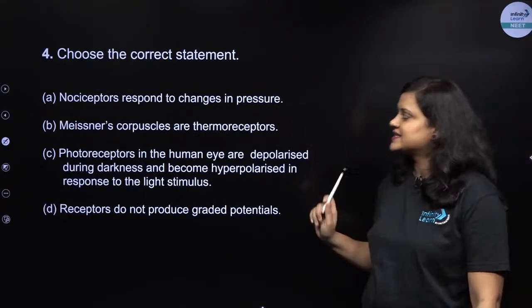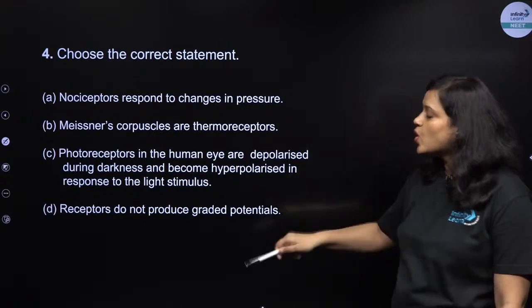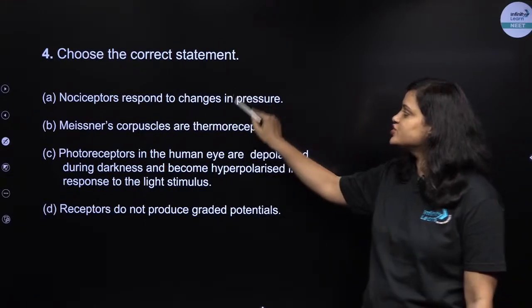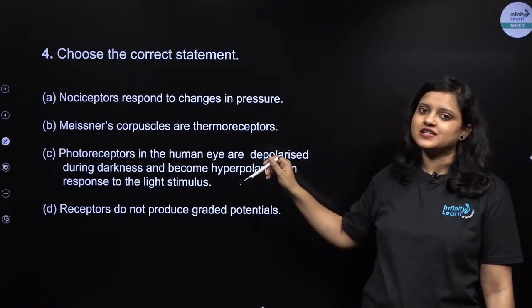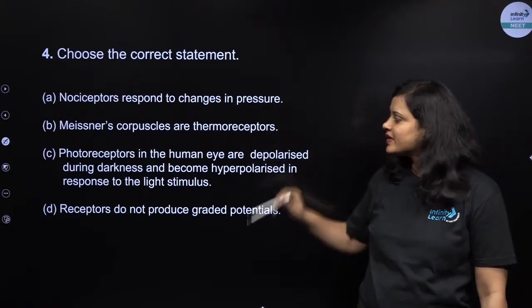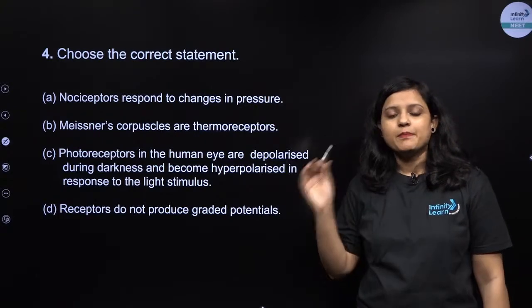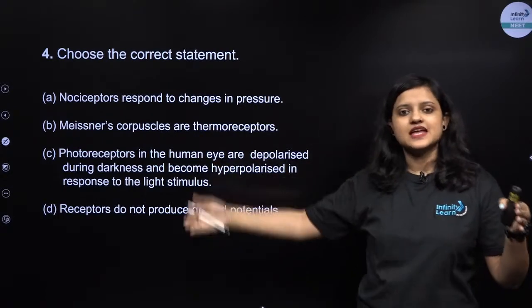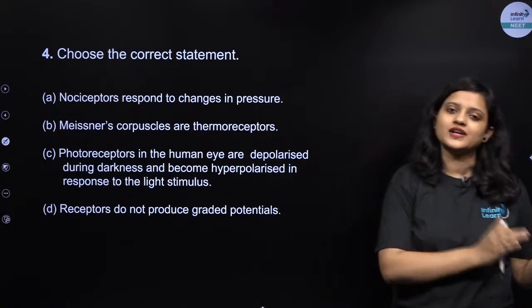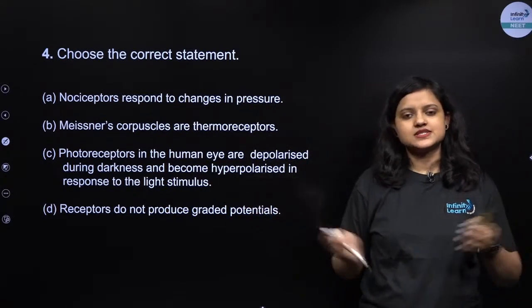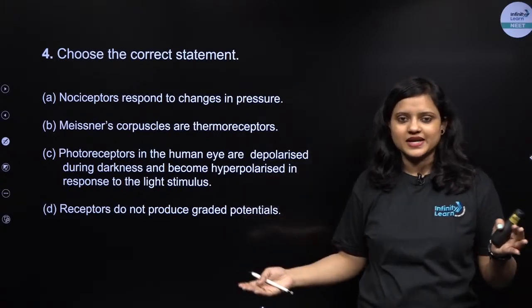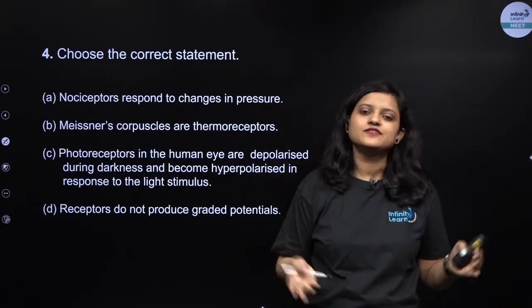Now choose the correct statement. Nociceptors respond to changes in pressure. These are about the receptors which are present on your sense organs. Remember, the eye, ear and sense organs are also important in NEET. Usually students study neurons, brain, parts of brain, etc., but they leave that portion.